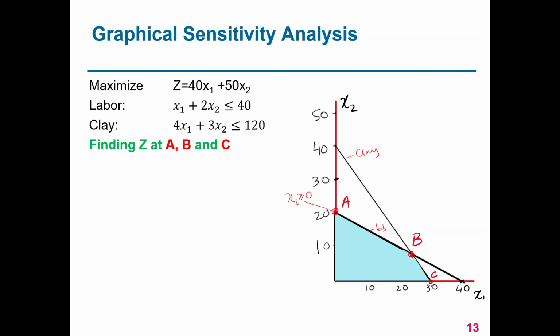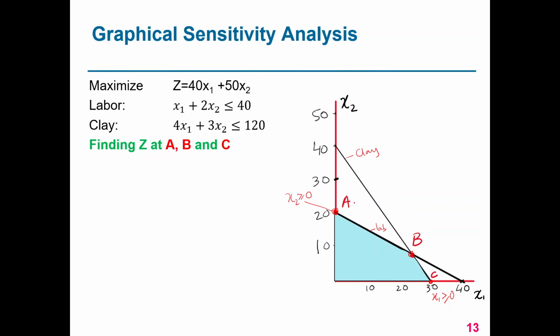Similarly, point C is formed by the intersection of the clay constraint and the non-negativity constraint x1 greater than or equal to 0. So now we have 3 points, and we know that our optimum solution lies within these 3 points.